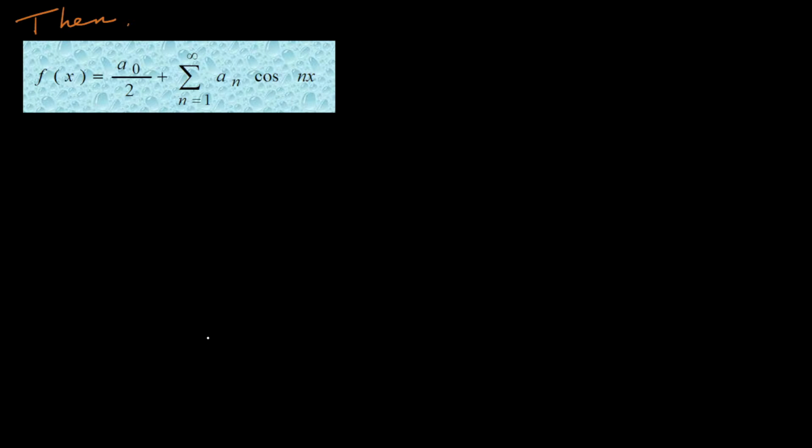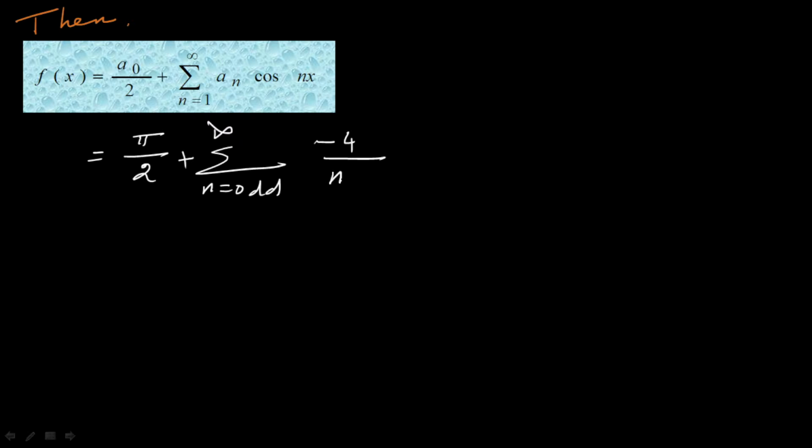Now let me substitute the values of a0 and a_n in the general Fourier series representation, that is f of x is equal to a0 divided by 2 plus sigma n from 1 to infinity a_n cos nx. The value of a0 we have calculated is pi divided by 2, plus sigma. Instead of writing n from 1 to infinity, because n takes only odd values, and the value of a_n we have calculated as minus 4 divided by n square pi, and cos nx.